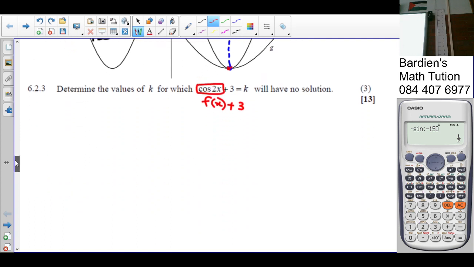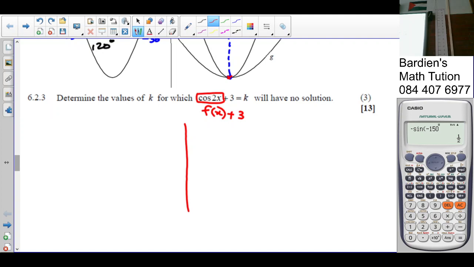So let me just redraw the graph rather. So what happens is f of x plus 3. So it's the cos graph. Let me make it a bit smaller. The cos graph.